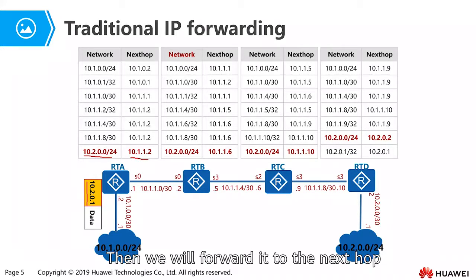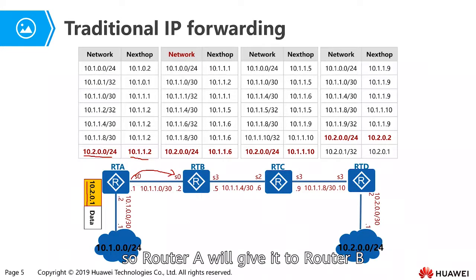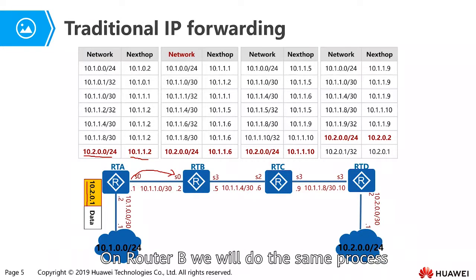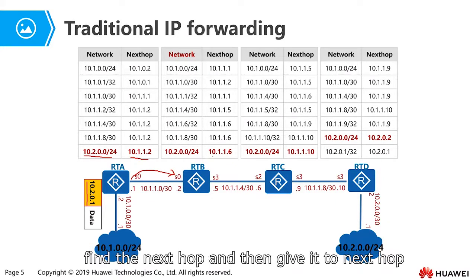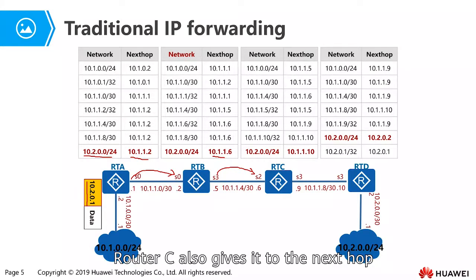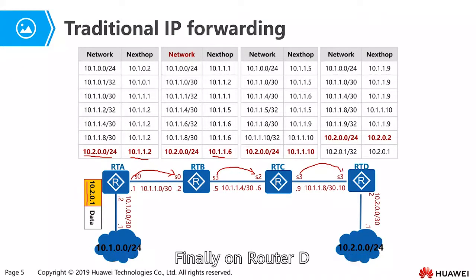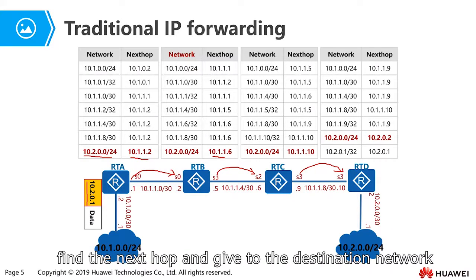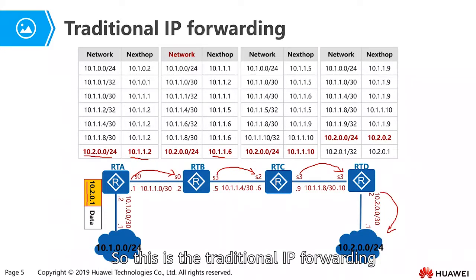Then we forward it to the next hop. So router A gives it to router B. On router B, we do the same action: search the IP routing table, find the next hop, and give it to the next hop. Router C also gives it to the next hop. Finally, on router D, we search the IP routing table, find the next hop, and give it to the destination network. So this is traditional IP forwarding.